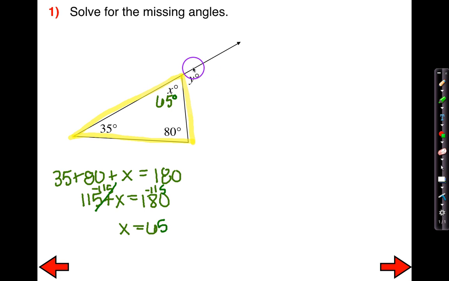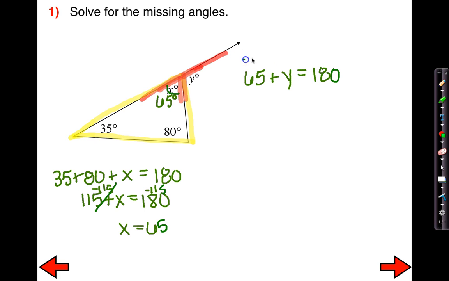Is this enough for me to figure out Y? The answer is yes, because I also know that the angle of X combined with the angle of Y are supplementary. They form this straight line. Guess what? Supplementary angles are equal to 180 degrees when you combine all of them together. So now that I know the value of X, I'm not going to call it X anymore. I'm going to go ahead and call it 65 degrees plus Y is going to be 180 degrees.